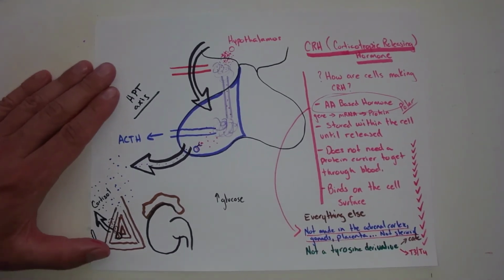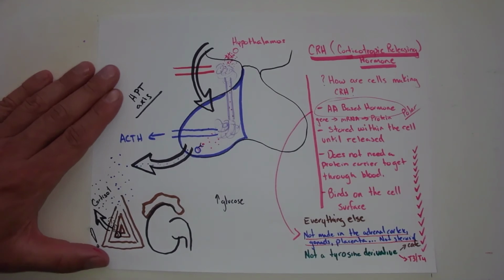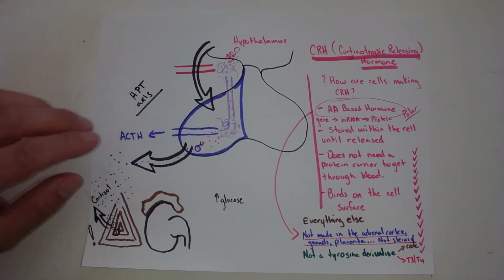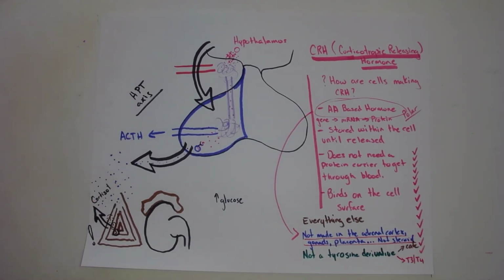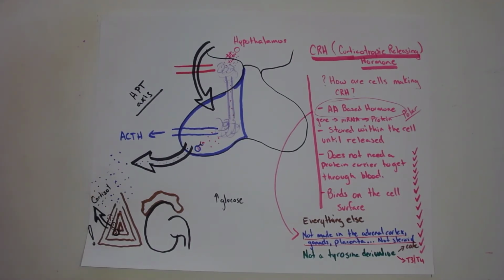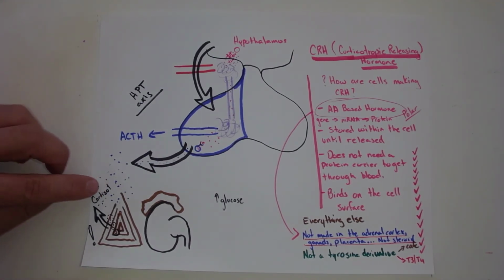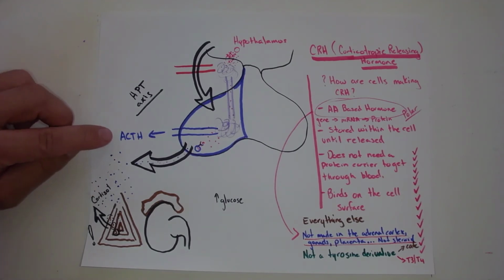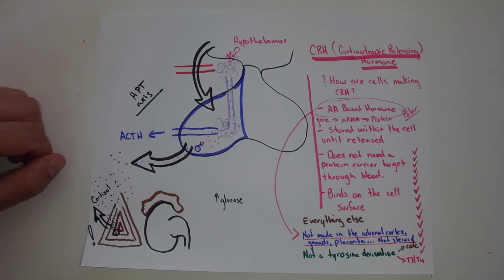Okay, now we know a little bit about CRH. And there is a disorder associated with production of CRH. You'll learn about that when you learn about cortisol and ACTH, and that's Cushing's disease.